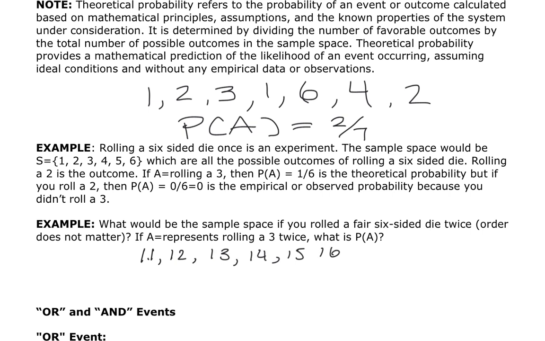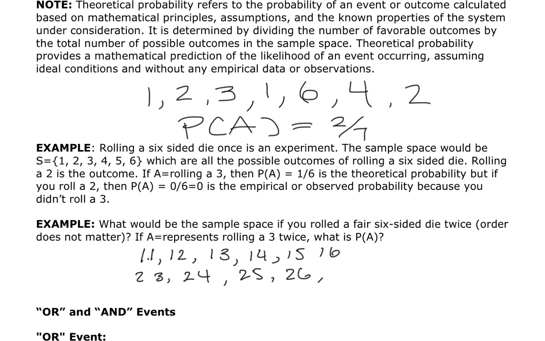So if I roll a 2, now assuming order doesn't matter, a 2 and a 1 is the same as a 1 and 2. So I'd have 2 comma 1, which is the same as that. So then I would do 2 comma 3, so it's not 23, it's 2, then 3. And then I'd have 2, 4, 2, 5, 2, then a 6.